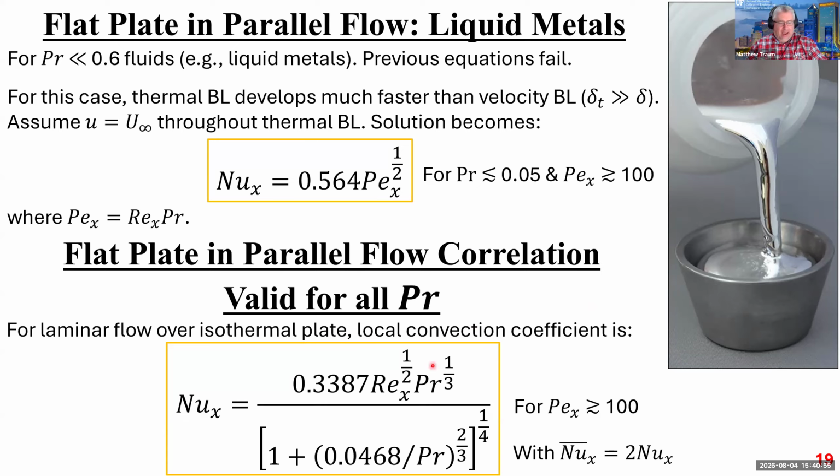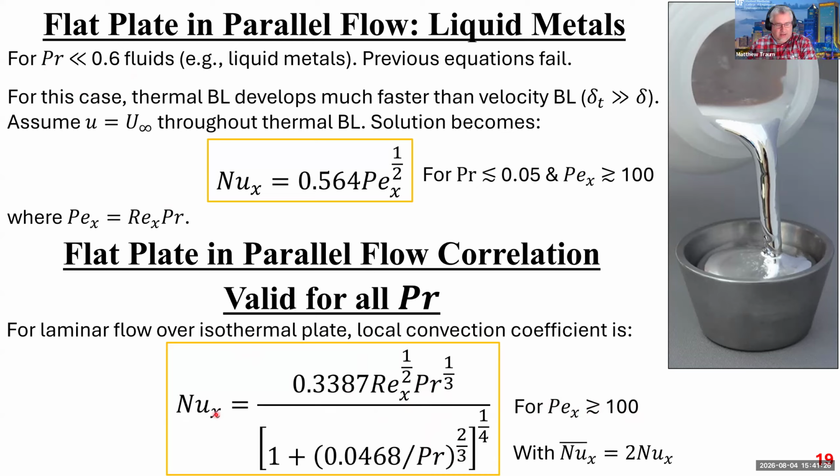So if you're ever in doubt about what the Prandtl number of your fluid is, you could just default to this one. It's a little bit more complicated. You have to figure out what the Prandtl number is and plug it in. If the Prandtl number is less than 0.6, this is what you end up using. And this correlation is good for Peclet numbers greater than 100, so you have to check the Peclet number before you can use this correlation, but it's usually good for most fluids that we deal with.